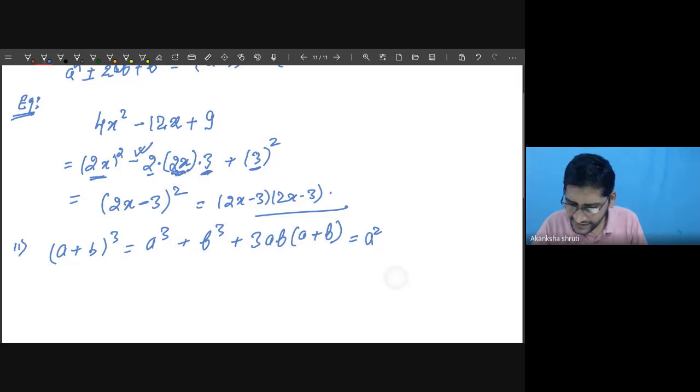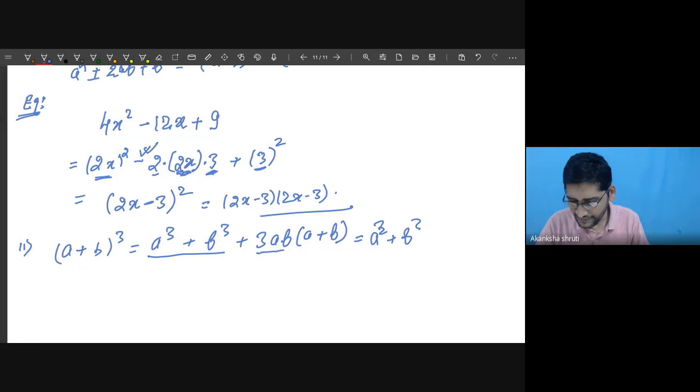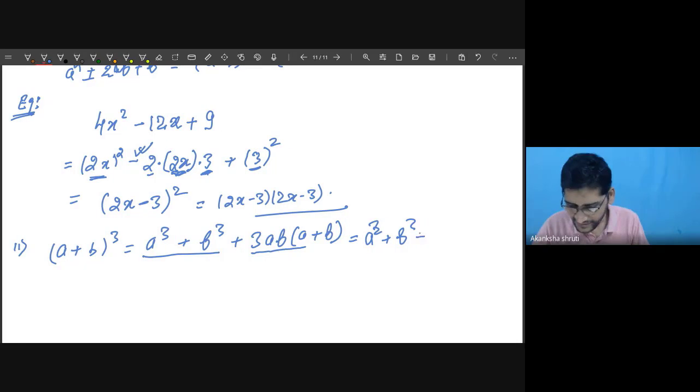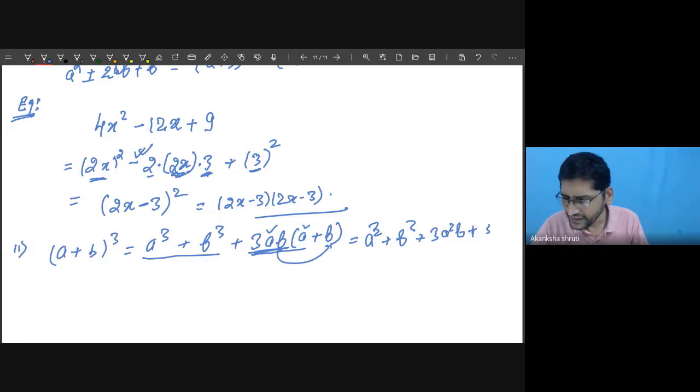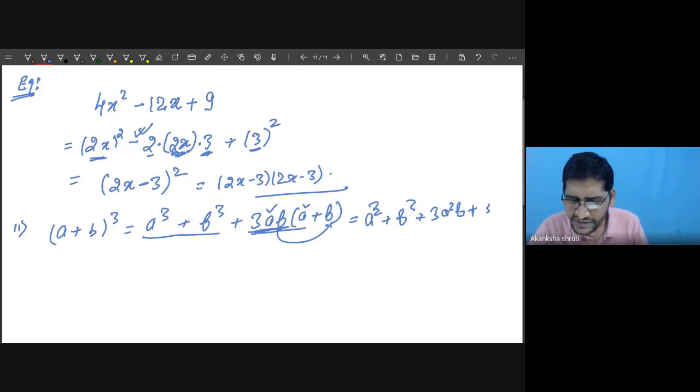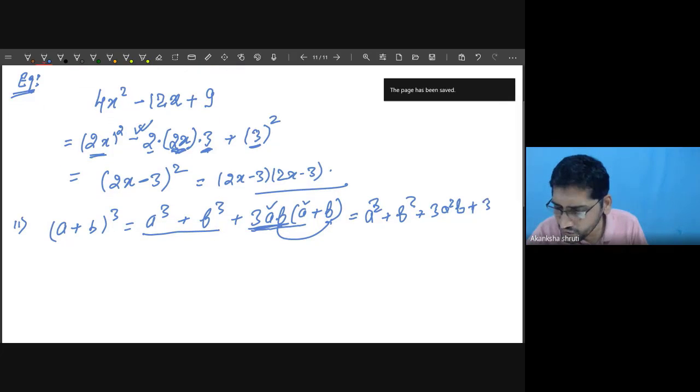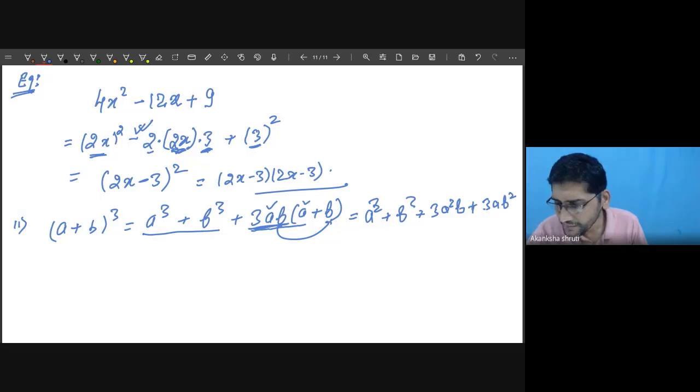So this can be written as a cube plus b cube, these two are carried as they are. Then 3ab multiplied with a gives plus thrice of a square b, then plus thrice of ab multiplied with b gives thrice of a b square.